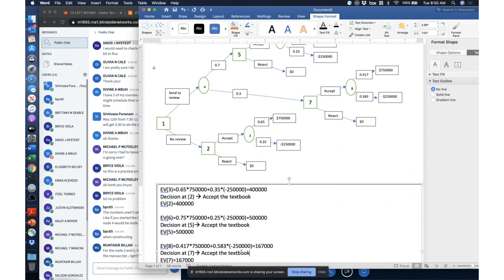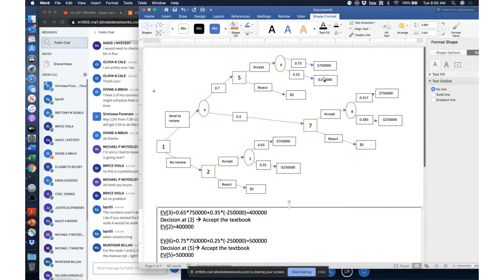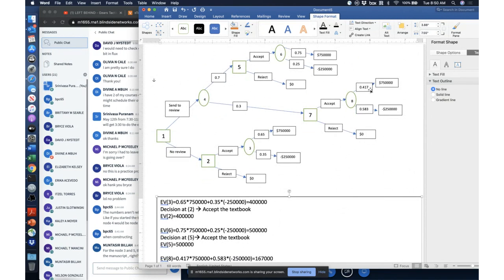That's the decision here. Now, it might have been that, let's say that the payoff, instead of being 750 minus 250, the payoffs were different. Or let's say that the probabilities here, 417 and 583, were different. Let's say the probabilities were flipped, right? Instead of being 75-25 here, let's say the probabilities were 25 and 75.